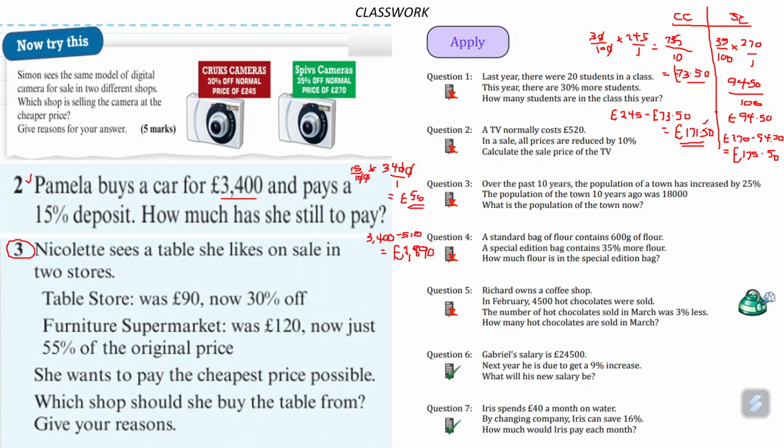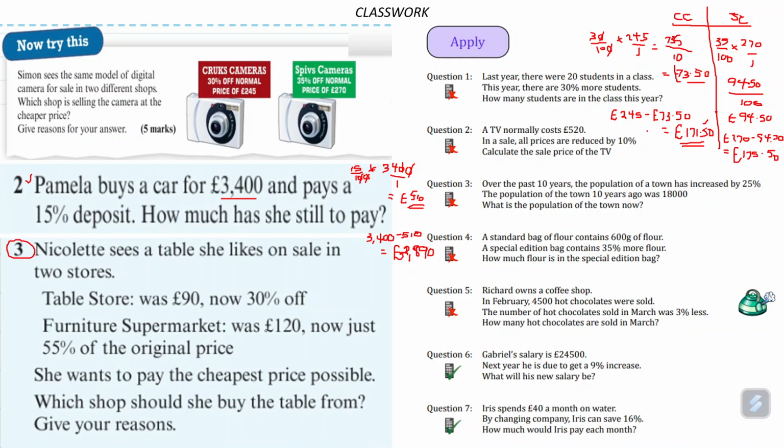So that's what Pamela still needs to pay, 2,890 pounds. Now, that is that. What we did was look at this camera question, we solved it here, and number 2 was solved here too. So Pamela will still need to pay 2,890 pounds.